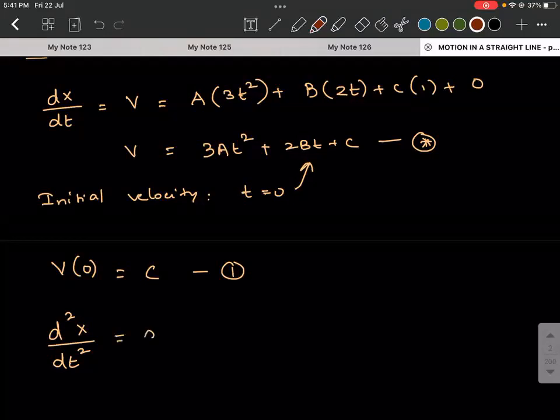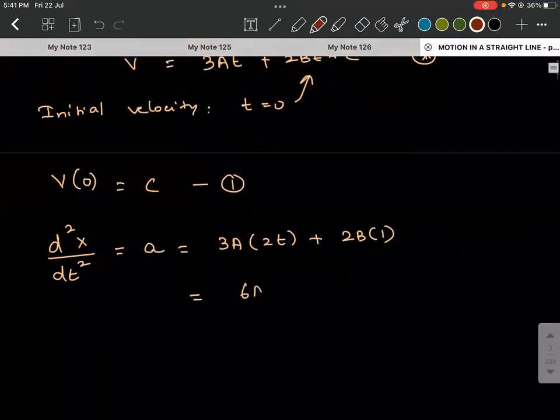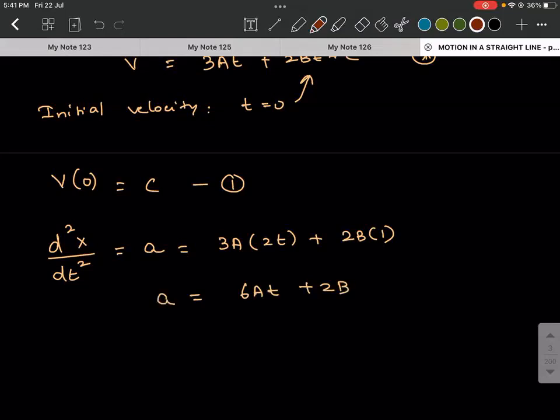which is called the second derivative of displacement with respect to time. Then this can be called acceleration, and acceleration is obviously going to be equal to 3a into derivative of t square is 2t plus 2b into derivative of t is 1. So this is going to be 6at plus 2b, which is the acceleration. If I take the acceleration at t is equal to 0, I'm going to get 2b.